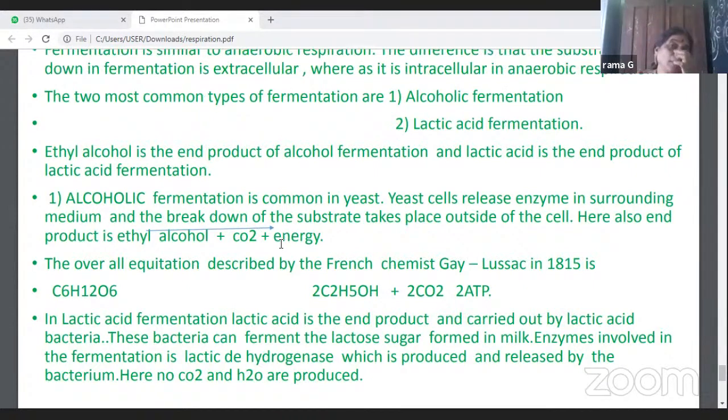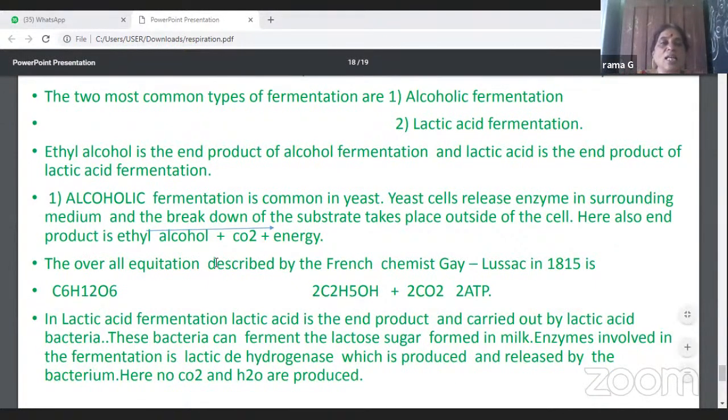In aerobic respiration that energy is 686 kilocalories, whereas in alcoholic fermentation or anaerobic respiration, the released energy is very little. That is shown in the form of an equation.